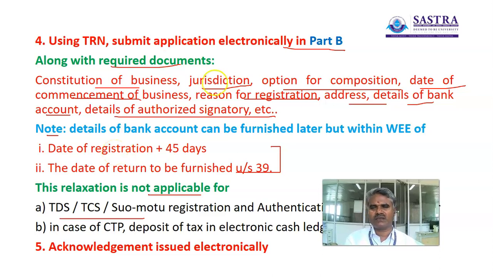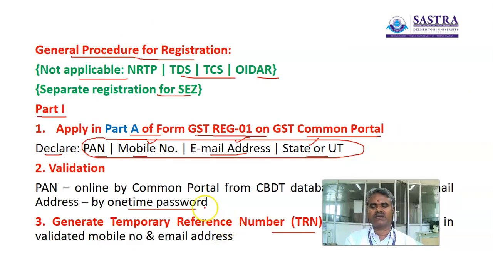So this is what you have to do after getting the temporary registration number. The first one is Part 1: apply in Part A of Form GST REG-1 on the GST Common Portal. In this form, you have to give the following details: name, mobile number, email address, state or UT.